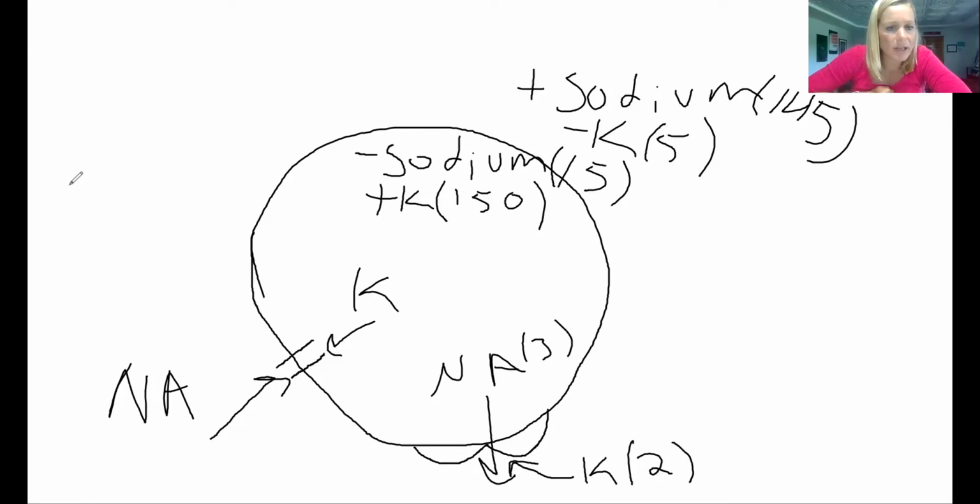Yep. So the leaky channel is more permeable to potassium. Just imagine that the potassium molecules are smaller, so we can fit more potassium molecules through that gate versus sodium. Those molecules are bigger, so they're harder to get in. So we can move 50 to 100 potassiums for every 1 sodium we move in.